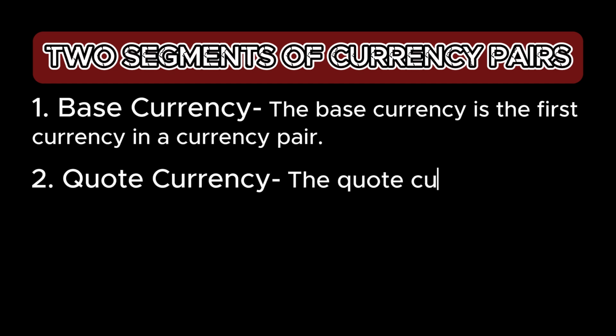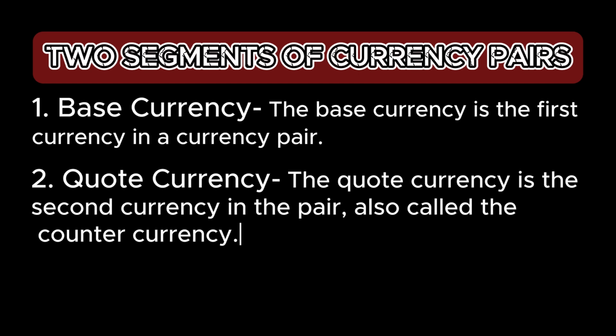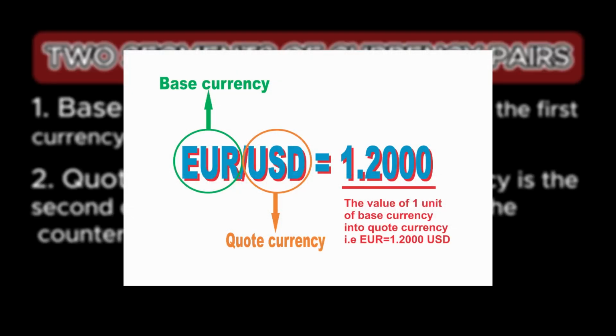Now, number two, the quote currency. The quote currency is the second currency in the pair, also called the counter currency. It shows you how much of that currency you need to buy 1 unit of the base currency. For example, in EUR/USD, the US dollar is the quote currency. If the price of EUR/USD is 1.2000, it means you need 1.2000 USD to buy 1 euro.